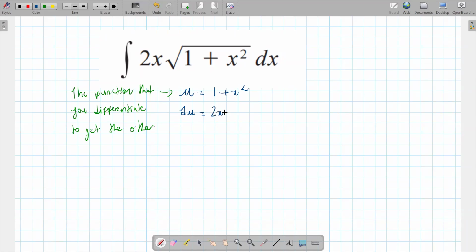What is it with respect to? dx. If I write WRT, I'm talking about with respect to, this is a math terminology. So here that's with respect to dx.